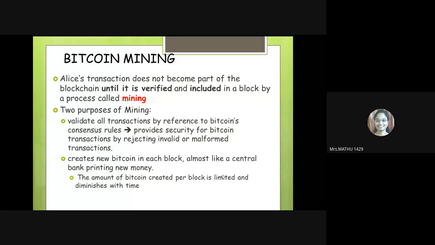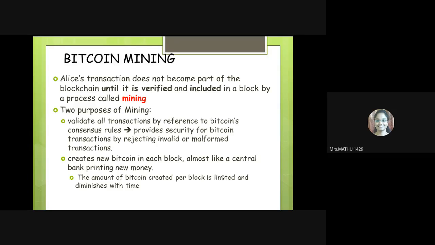For that, Bitcoin's protocol has some rules, the consensus rules, where every participant in the network has to come to an agreement on the state of transactions. This provides the security for your Bitcoin transactions. So if any invalid transaction comes, it will be rejected.